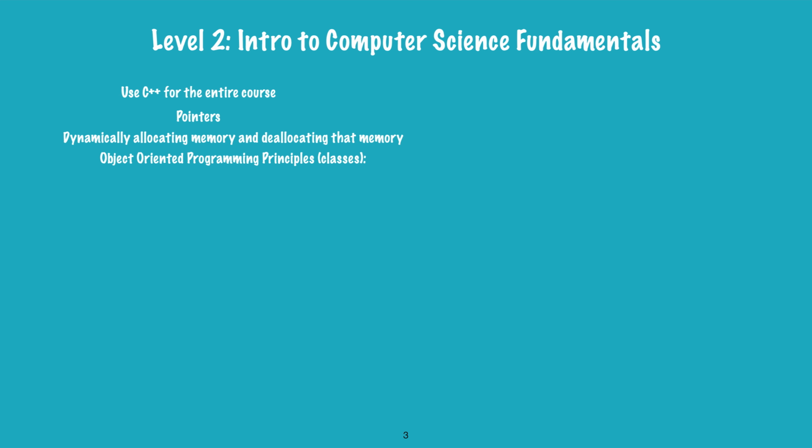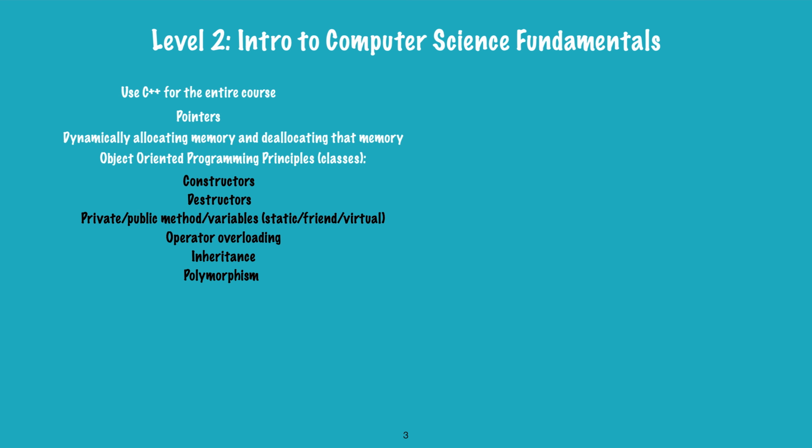When learning about classes, these are the topics that are typically covered: constructors, destructors, private and public methods, private and public variables, operator overloading, inheritance, and polymorphism. Classes are all about reusability and encapsulation.